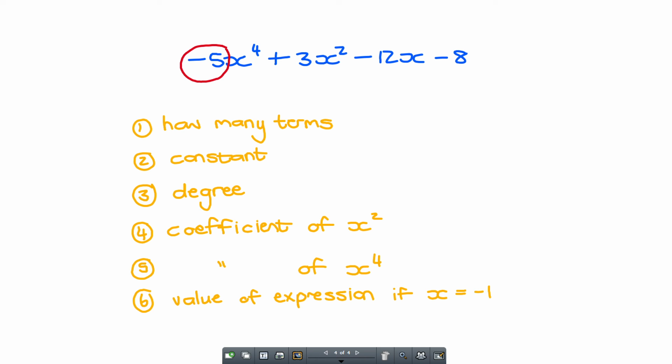Okay? Right. Now the last one, the value of the expression if x is minus 1. So you can use your calculator. Give me the answer. What would it be? The value of the expression if x is minus 1.